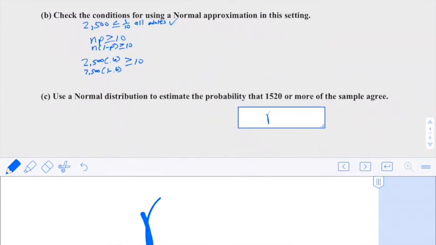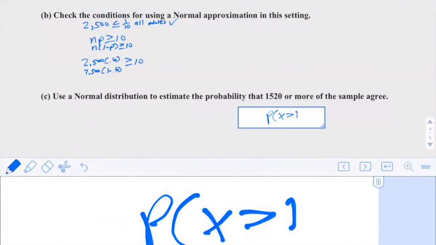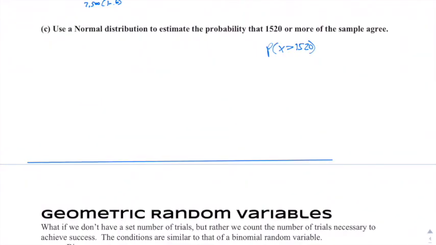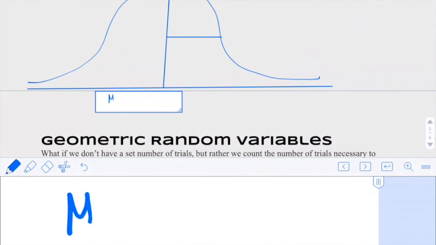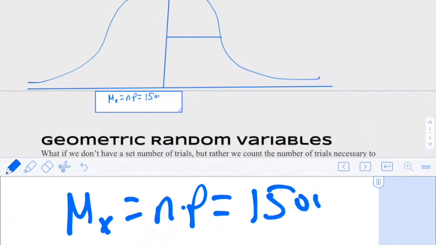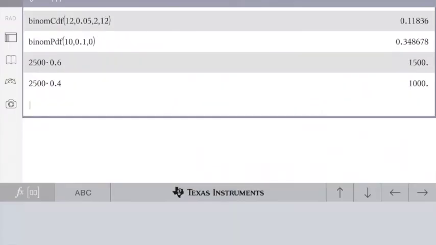Use a normal distribution to estimate the probability that 1,520 or more in the sample agree. So we want the probability that X is greater than 1,520. Mu of X is n times p, which was 1,500, right?